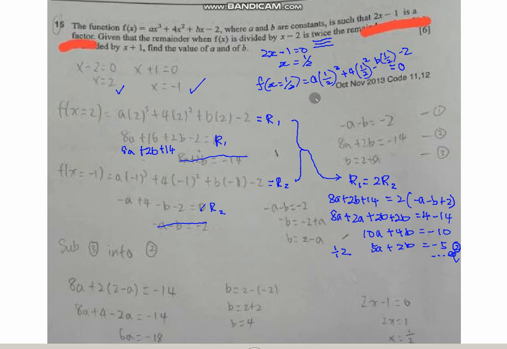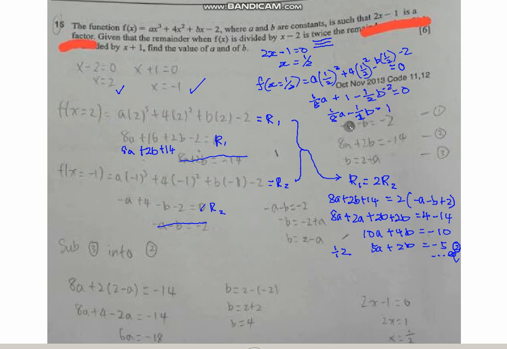So you get 1 over 8 a plus 1 minus half b equal to 0. Remember, it's a factor, so you have equal to 0. Now you have a minus 2 here, I missed out the minus 2. So it's 1 over 8 a minus half b. Bring the number over here, 1 minus 2, minus 1.